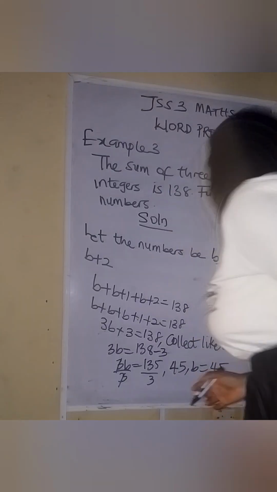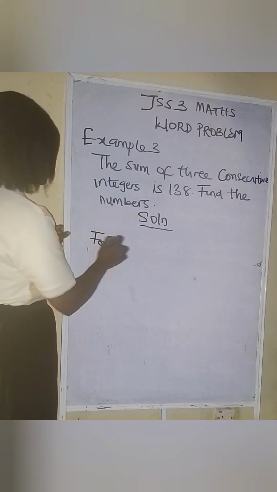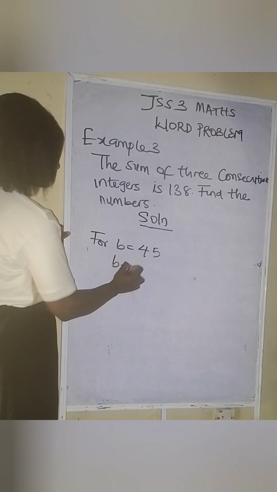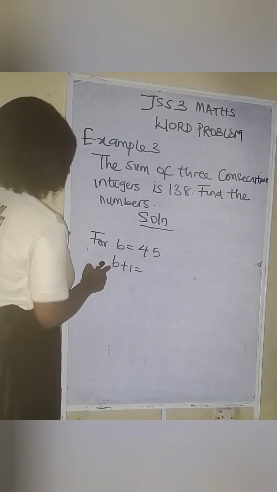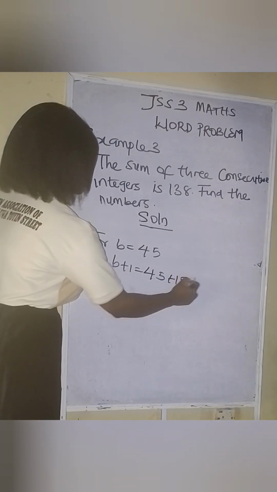So now we have to find the numbers. Wherever you see B, you put 45. B plus 1 and B plus 2, we have to find all these numbers. For B, we already know B is 45. So B plus 1 equals 45 plus 1, and that will give us 46.